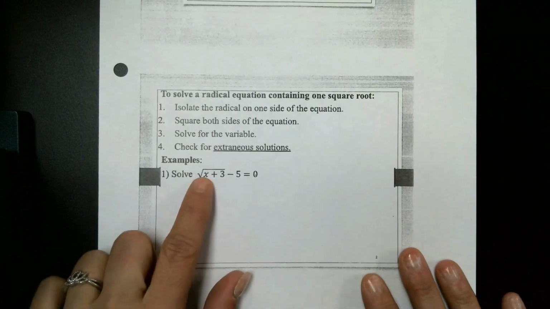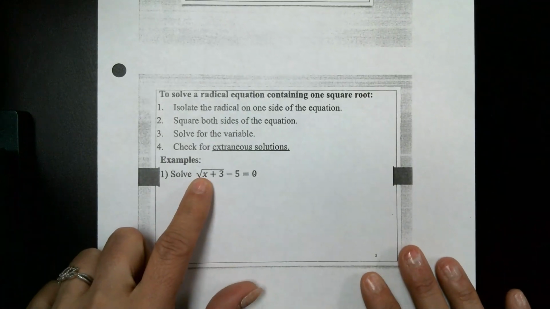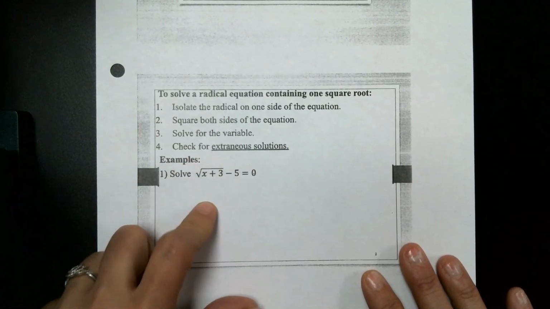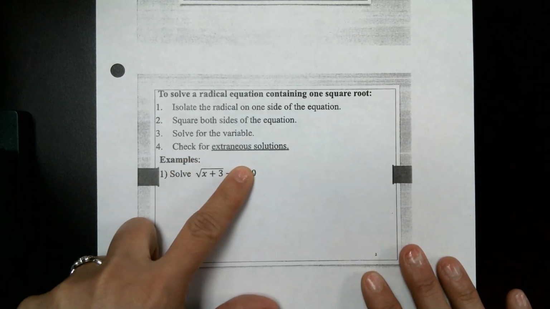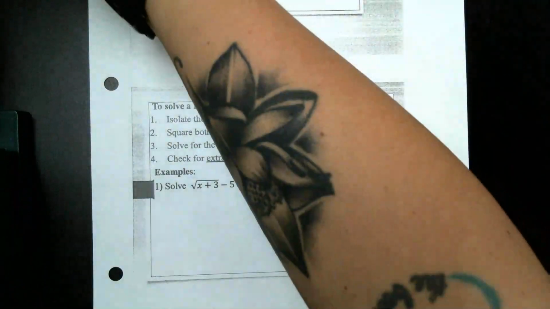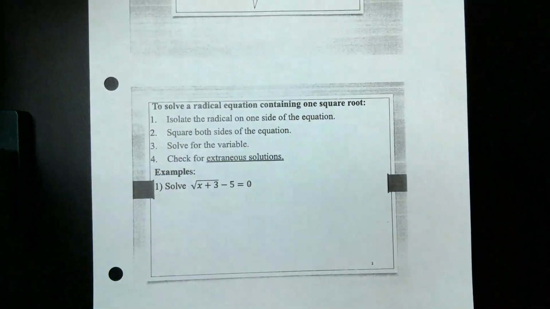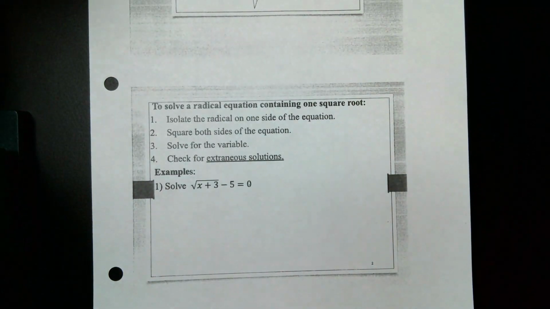This time, all we're doing is trying to get rid of this radical sign. And if this is a square root, how do you get rid of a square root? We just talked about that yesterday. How do you get rid of roots? Raise them to the power.